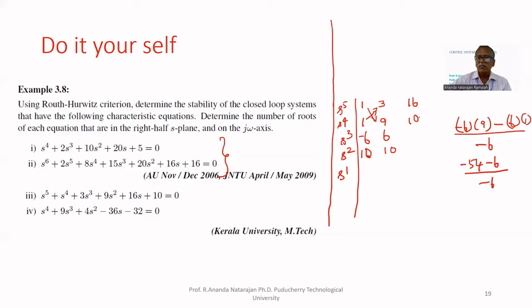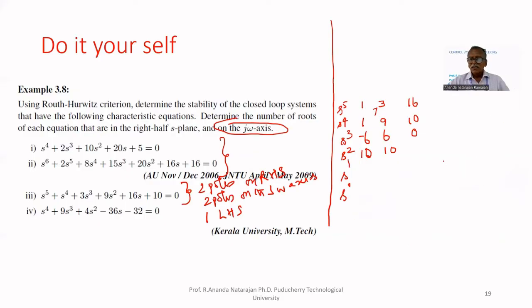So here this 10 will come here, because minus 6 multiplied by 10, 1 multiplied by 0 divided by minus 6, you will get the 10 here. S power 1 is 60 plus 60, because as per the formula minus another minus 60, that's why you will get plus 60 divided by 10. Therefore, 120 divided by 10, that is equal to 12. Then you will get 10 automatically.